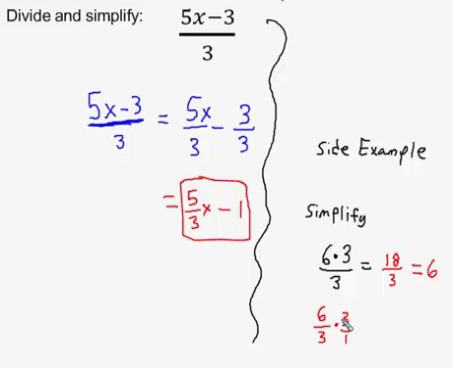So here you could simplify things by saying that 3 goes into 3 once, 3 goes into this 3 once, and the answer is 6. Or you may think of it as 6 divided by 3 is 2, 3 divided by 1 is 3, and 2 times 3 is 6. However you'd like to think about it, my point is that factors can be simplified out by canceling and terms cannot.